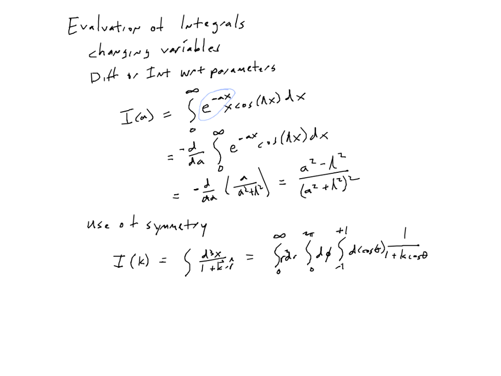So when we're doing this use of symmetry, all we're really doing is making our integral a lot simpler by orienting our coordinate system so that we have an easier integral to solve. Okay?